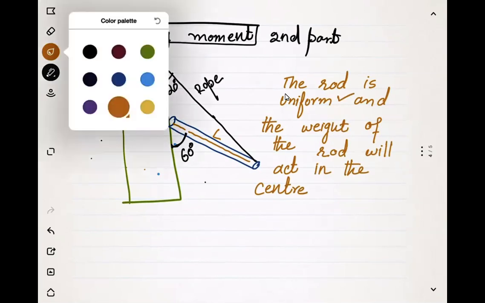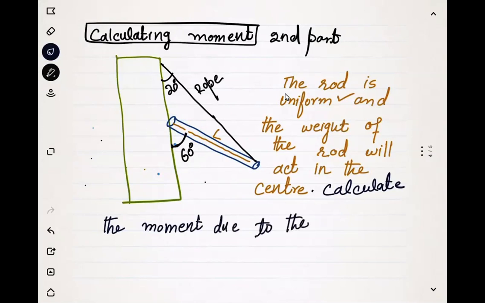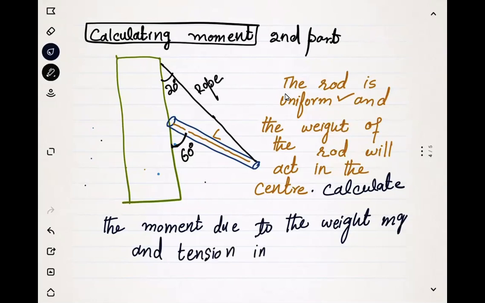Now the question is that calculate the moment due to the weight mg and tension in the rope T. So calculate the moment due to the weight mg and tension in the rope T. This is the question.